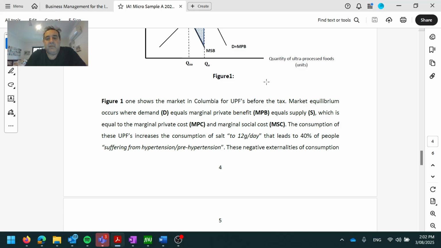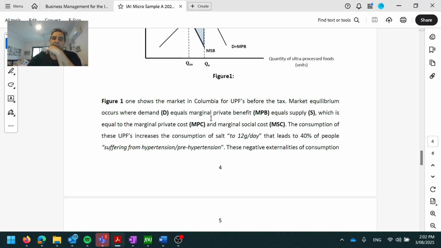Okay, first thing you should do, or very early on in explaining that diagram, and it's got to be a full explanation, you actually got to tell us what the externality is. Okay, so in this case you can clearly see what the externality is. It's the overconsumption of salt, and that leads to things like hypertension and pre-hypertension, or possibly diabetes.